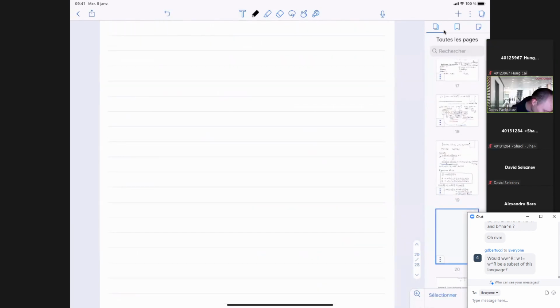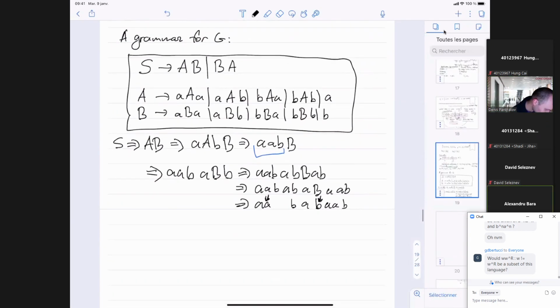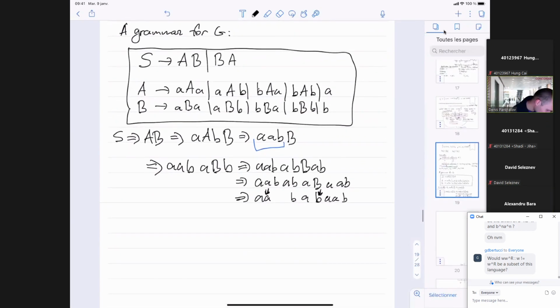Okay, so I might need to add another transition. So you're saying something like AA followed by AB? Yes. Yeah, so that's true.